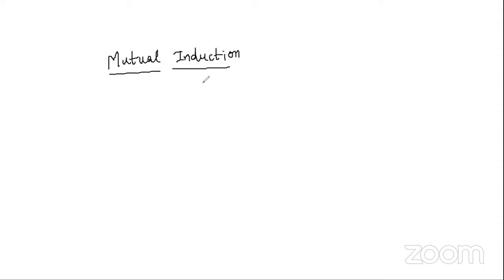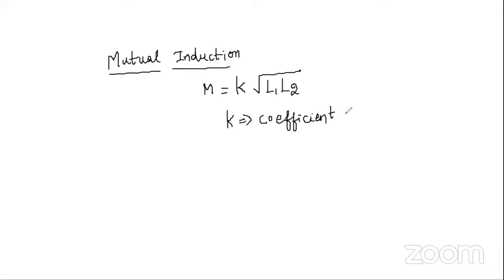Mutual inductance is represented by capital M, that is K times root of L1 into L2. Here K is called the coefficient of coupling.